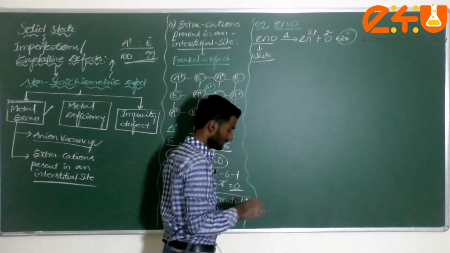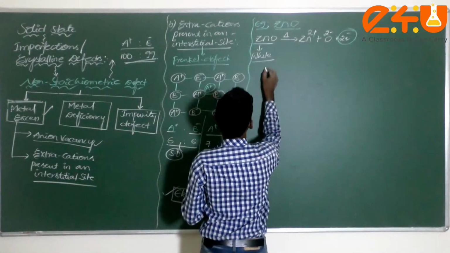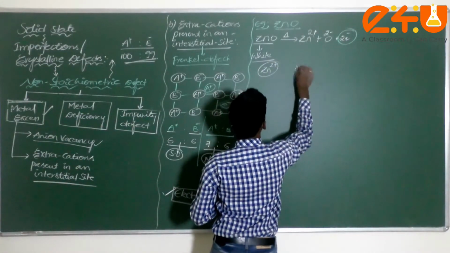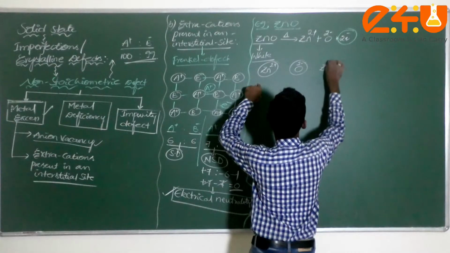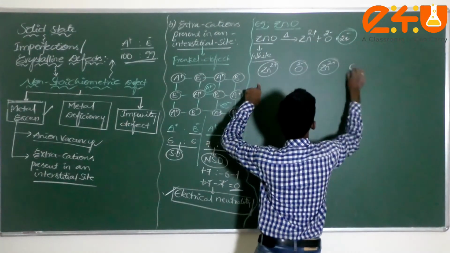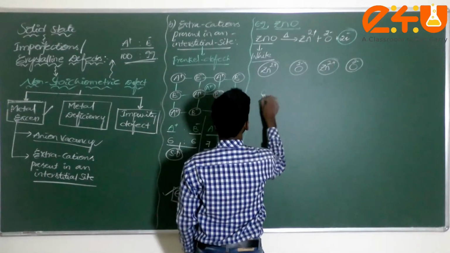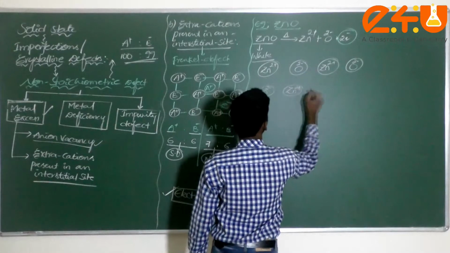Now I am taking here a crystalline lattice: Zn 2 plus, here O2 minus, here Zn 2 plus, O2 minus. Next one here O2 minus, Zn 2 plus.